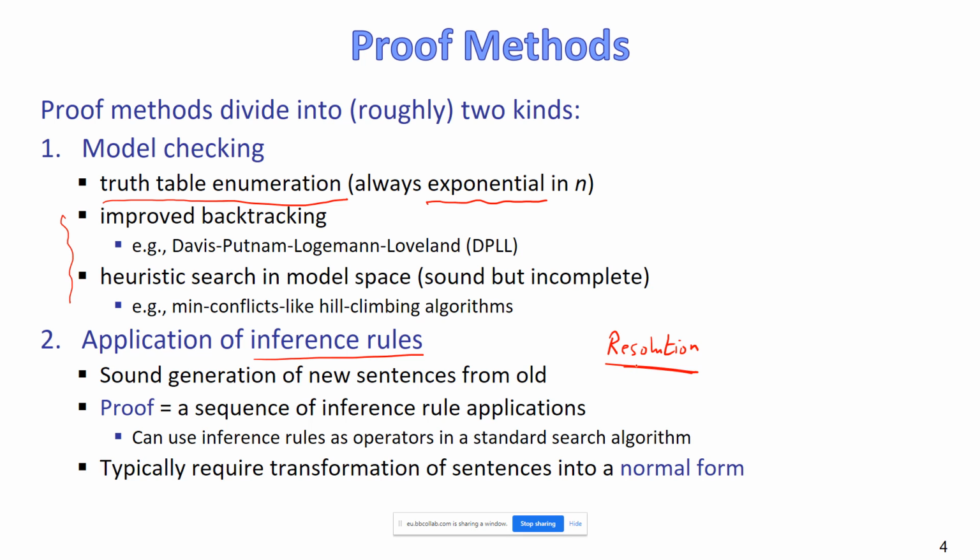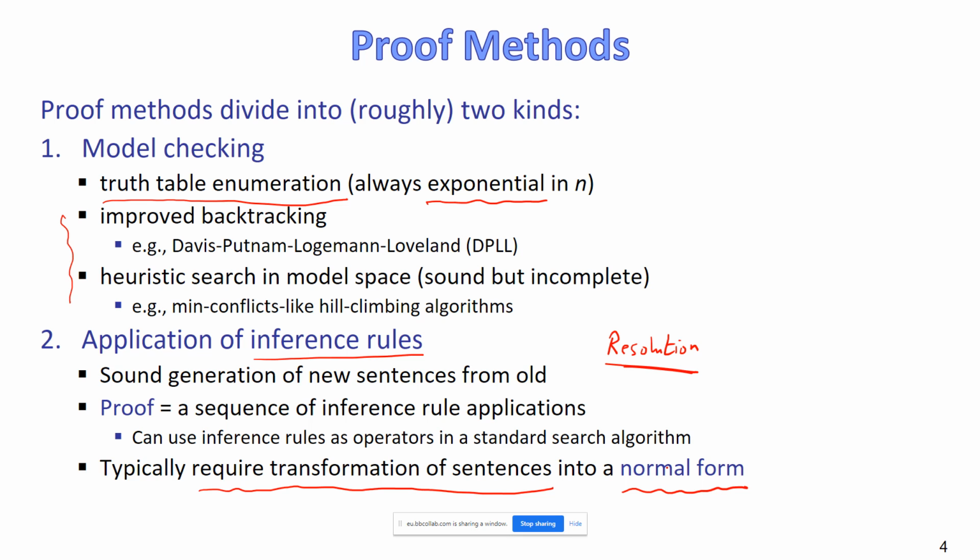But to use the resolution algorithm, which uses inference rules that we know about, we have to convert the sentences into what we call a normal form. So this type of proving method requires the transformation of sentences into normal form. The first thing to discuss now is what we mean by normal form and how we will use it to do the inference.